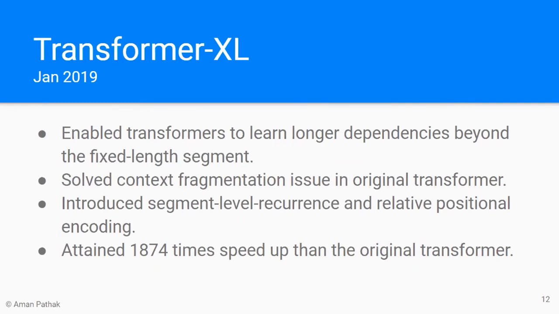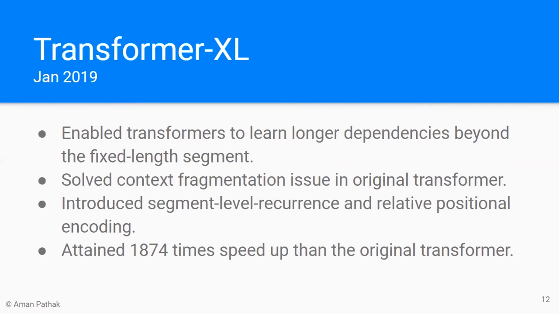Transformer XL proposed a solution that is segment-level recurrence, which helped by reusing the hidden layer of the previous segment, which established a proper flow of information, thus capturing long-term dependencies in the sentence. To implement the segment-level recurrence, Transformer XL also proposed a relative positional encoding scheme.